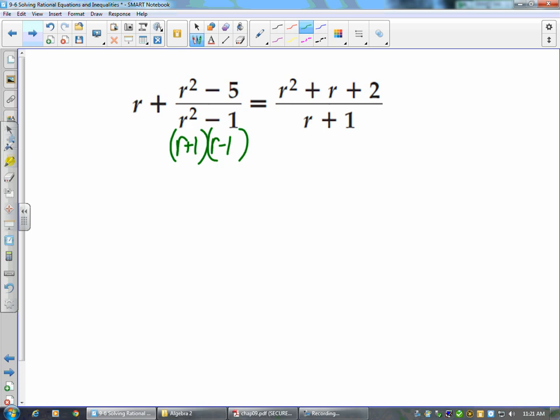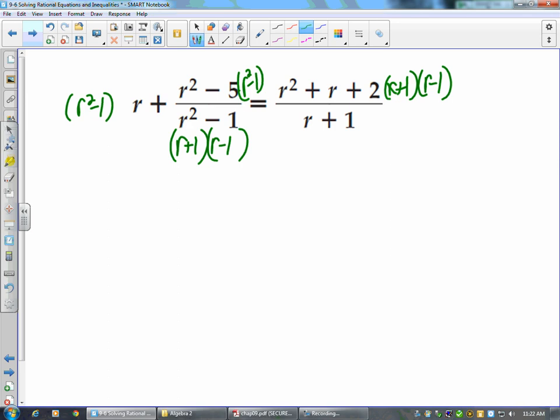So we're going to multiply everything times, and I'm going to call it r squared minus 1 for the first term, times an r squared minus 1 for the second term. And the third term, because one of them will cancel out, I'm going to call it the r plus 1 times the r minus 1.